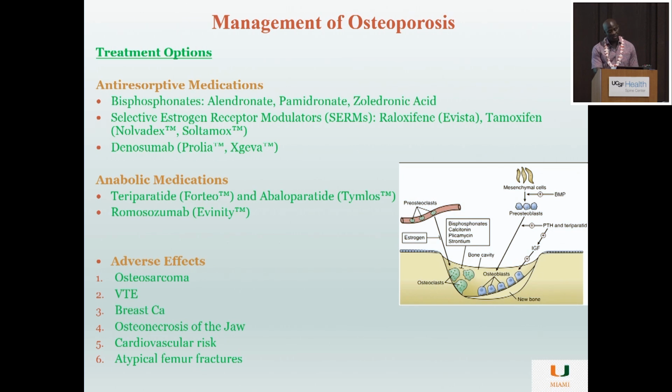Evenity is a newer drug, less studied compared to Forteo with regards to adult spinal deformity, but I just recently operated on a patient about 6 weeks ago on Evenity. We don't have any very strong studies looking at its effects on patients undergoing deformity surgery.